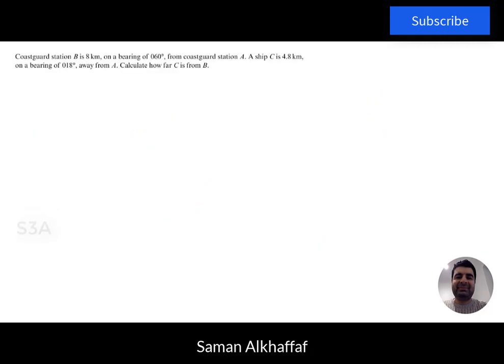In this example, we have a coast guard station A. B is 8 kilometers on a bearing of 60 degrees. First, if we have a bearing, we write the north and where it is located. Now we have a coast guard and a bearing of 60 degrees.